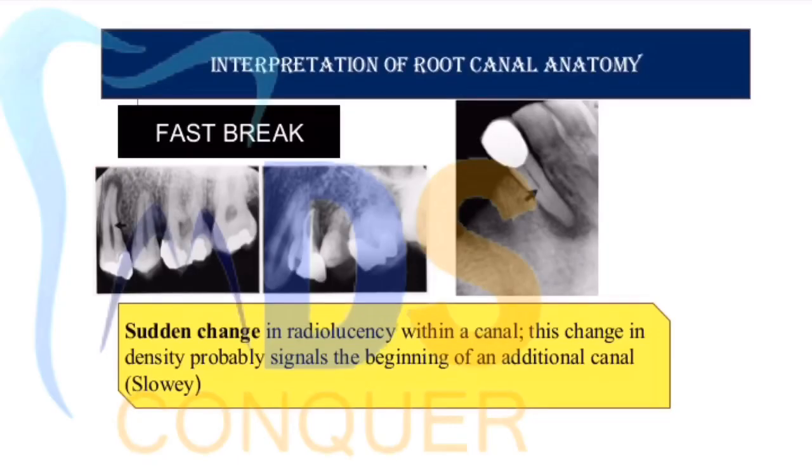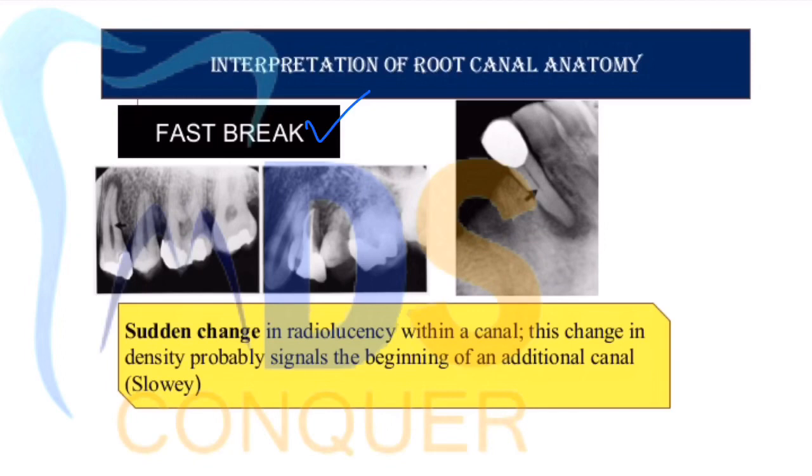Okay, next comes, again, a most commonly asked question. Whenever you observe a radiograph, or you observe a canal, whenever there is a sharp change in the radiolucency within the canal, then you can call it a fast break. The fast break gives an idea that a single canal has changed, or branched. So you can predict one more canal.